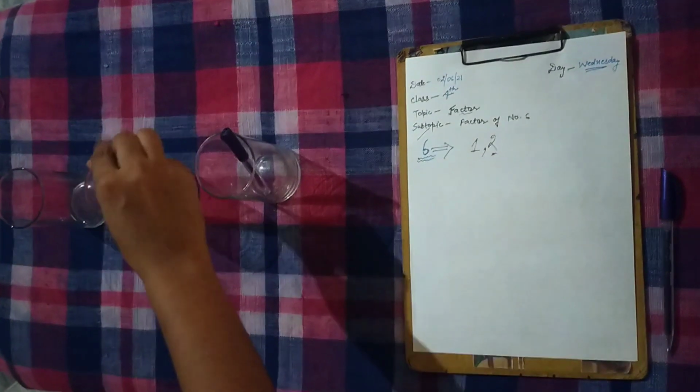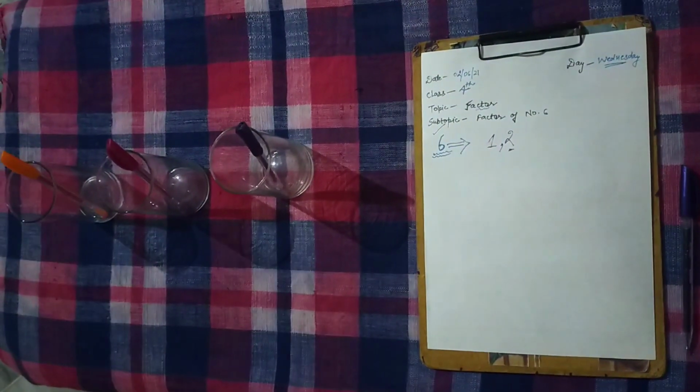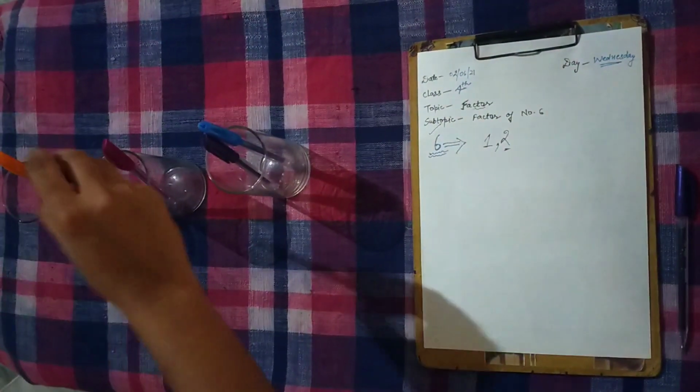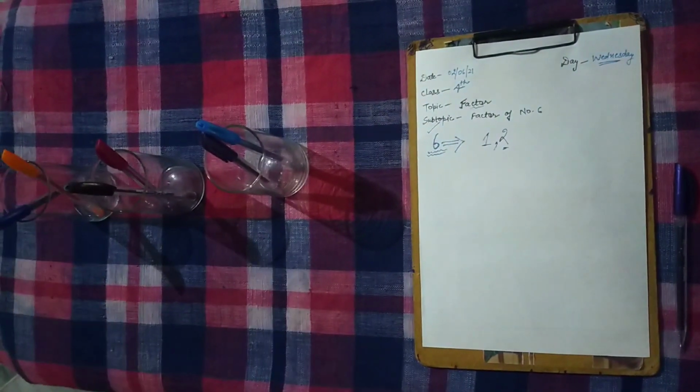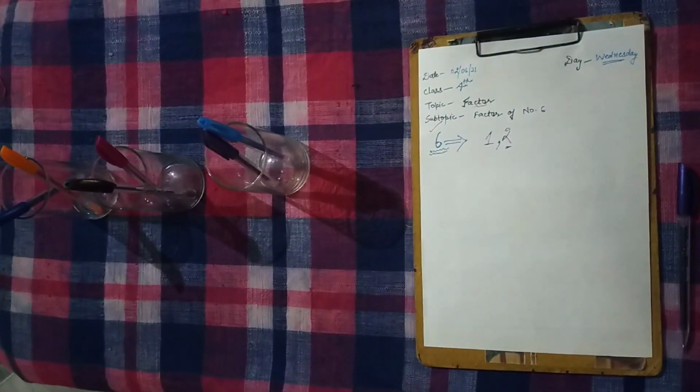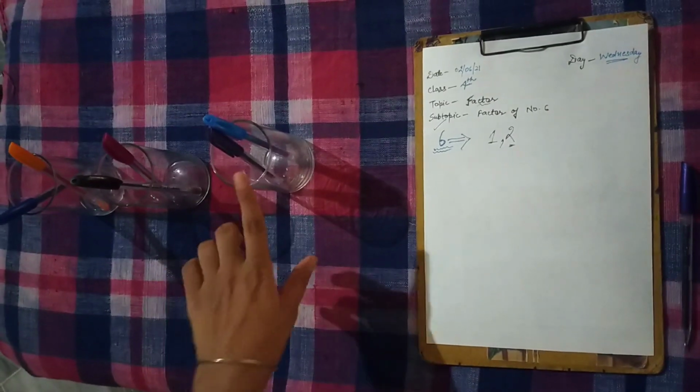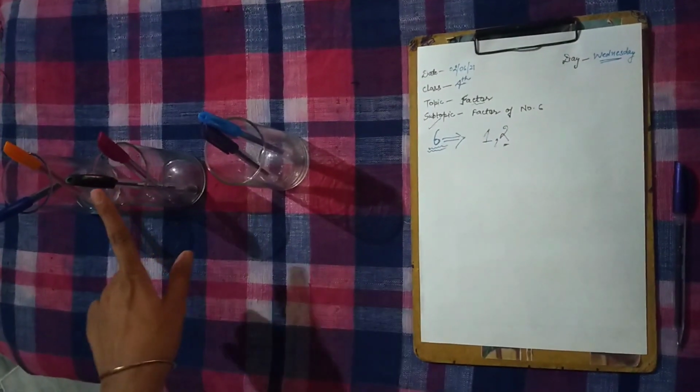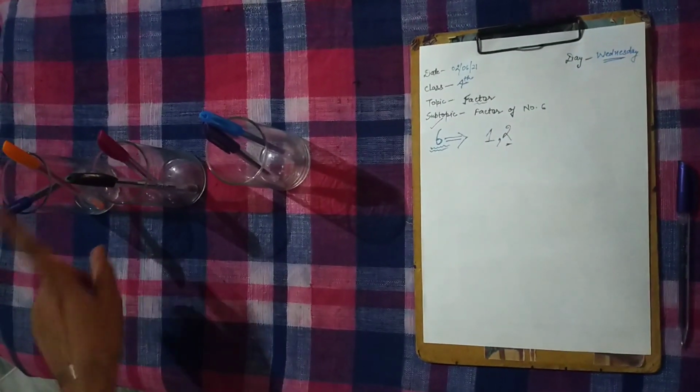One pen in the first glass, second glass, and then the third glass. In the same way, now we have to see whether we have divided all these pens equally or not. In the first glass there are 2 pens, in the second glass 2 pens, and in the third glass also 2 pens.